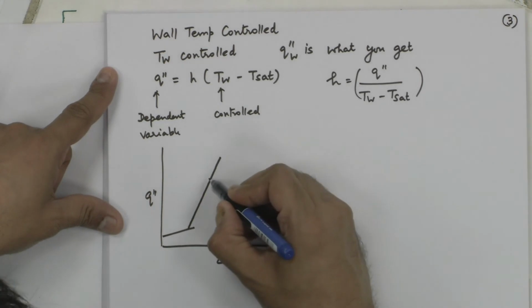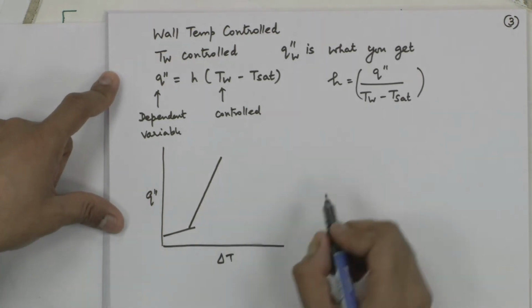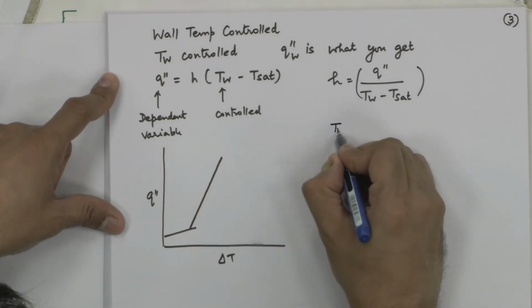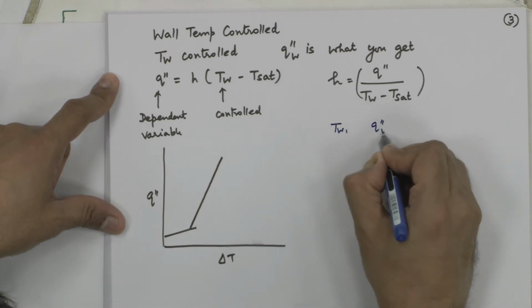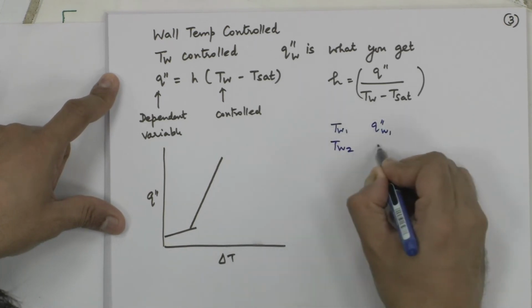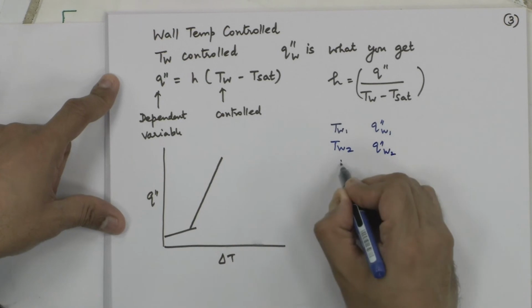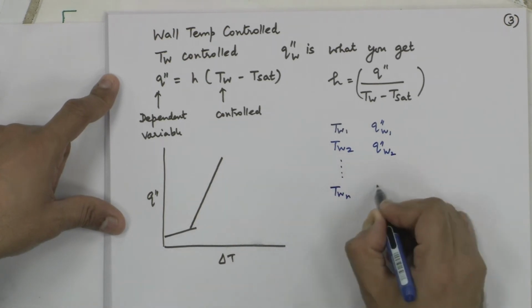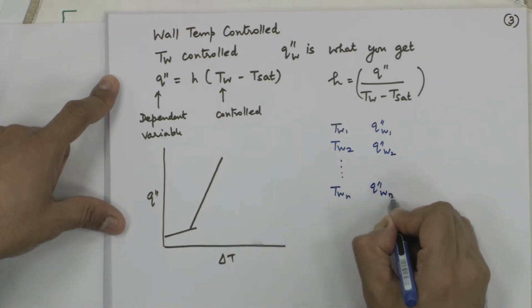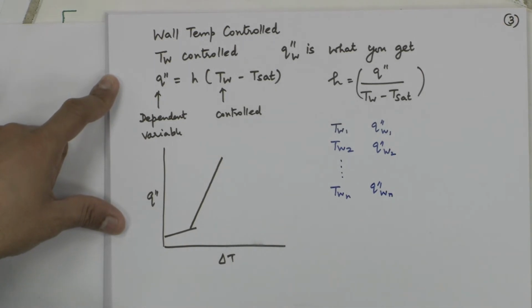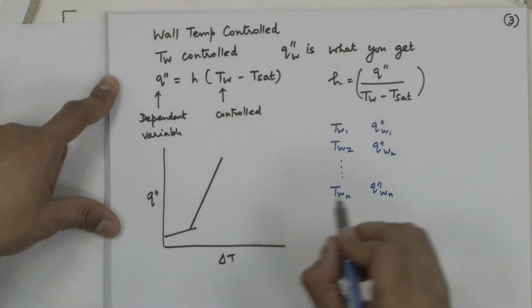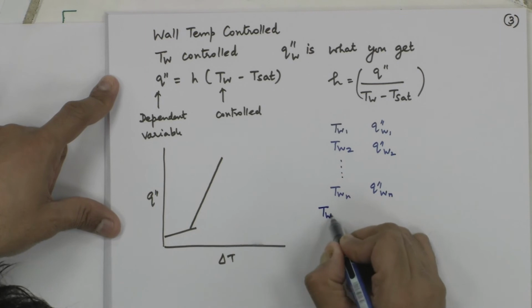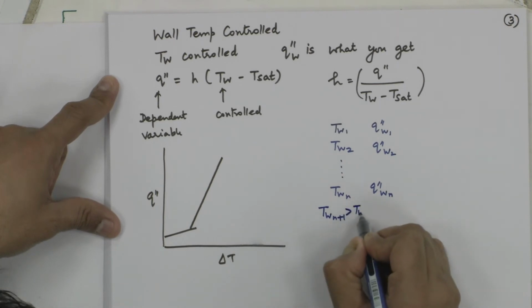All this while you were at TW1, you got QW1; TW2, you got QW2; you went on like this. So, TWN, QWN, these were all nice nucleate boiling conditions. I will now go to a slightly higher value, TWN plus 1, greater than TWN.